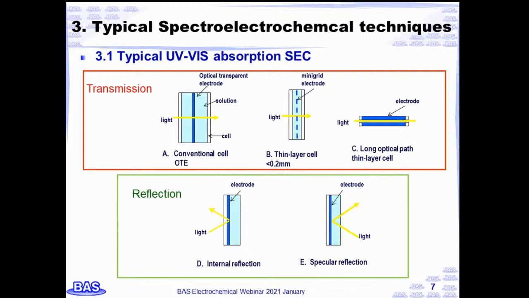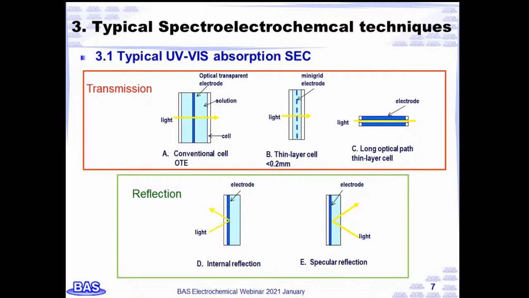In C, light passes through the thin layer solution parallel to the electrode surface. Therefore, it has a long optical path and a thin layer solution phase. In the reflection method, in D, light is incident from the inside of the electrode and reflected on the electrode surface, called internal reflection.